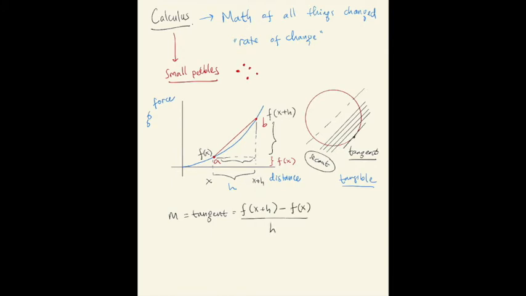If you see the triangle, this part is f of x plus h minus f of x, and this is h. Practically, this is the gradient.